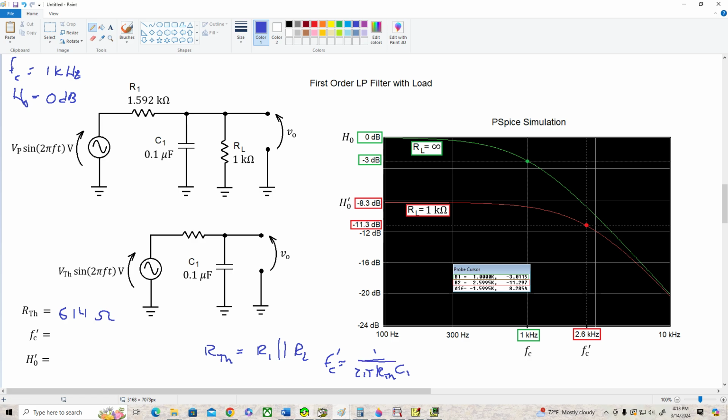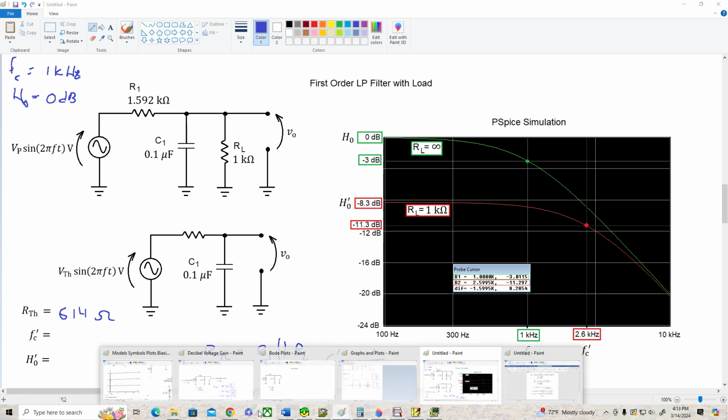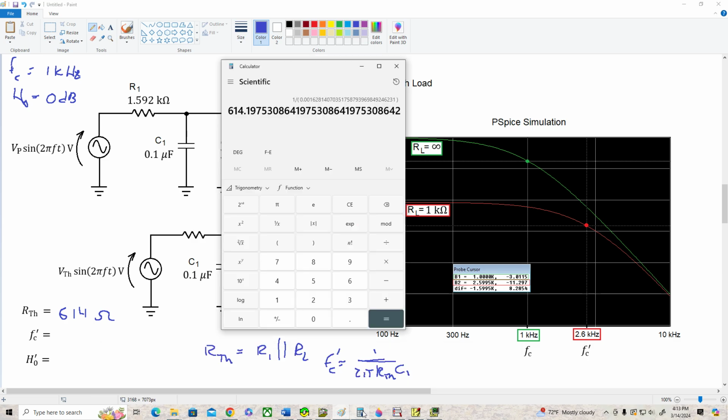Okay, so we've got 2 times pi times 614 times 0.1 times 10 to the negative 6th. We take the reciprocal.